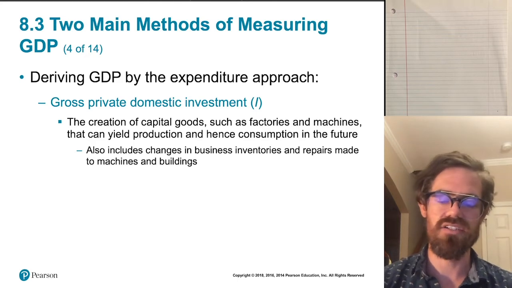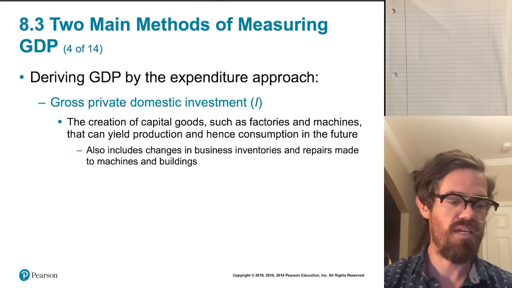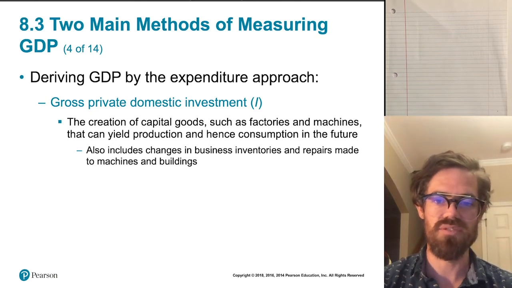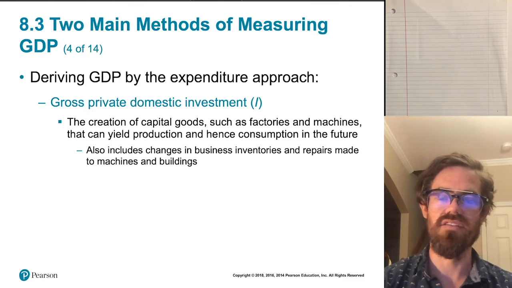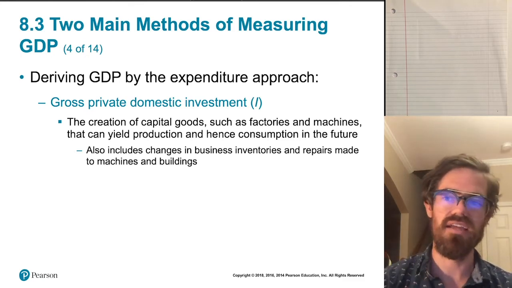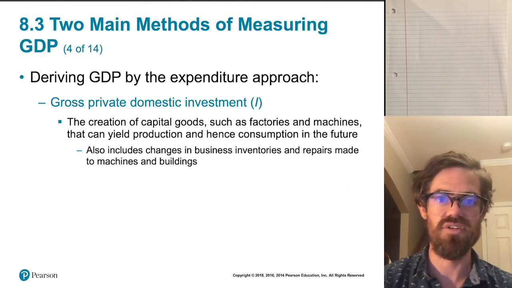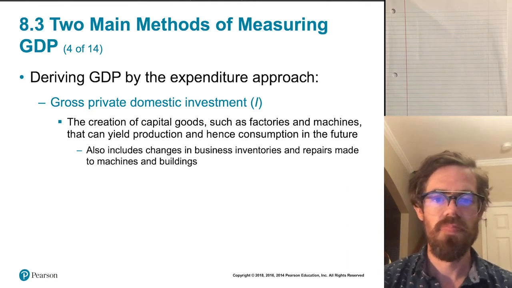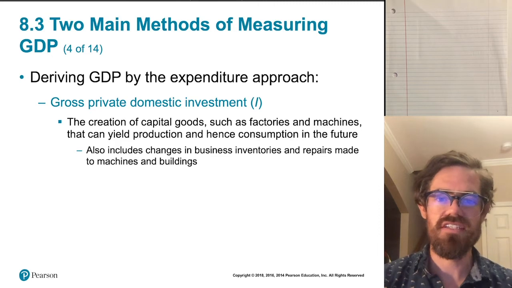So recall back to our PPC, right? Our production possibilities curve, and the trade-off between investment and consumption, right? So think about that as you think about this new concept here. So it's the creation of these capital goods.